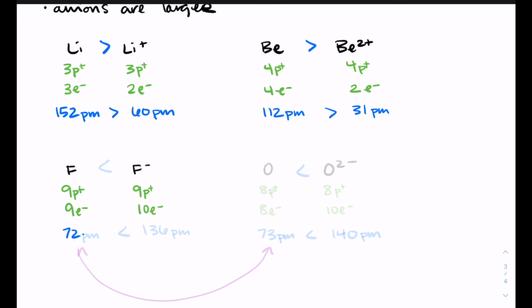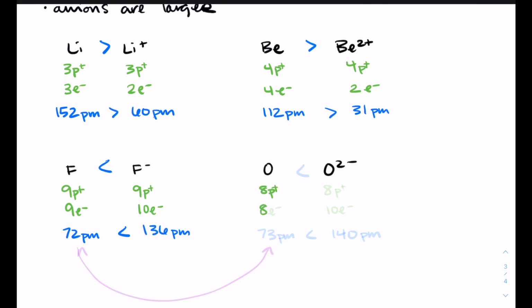We have stability in the electron configuration because it gives us a noble gas configuration, but we still have these basic laws of electrostatic attraction that apply in this situation, and it's just that 9 protons cannot hold on to 10 electrons as tightly as they did 9 electrons. So fluorine has a radius of 72 picometers. Fluoride has a radius of 136 picometers, so it's bigger than the neutral atom.